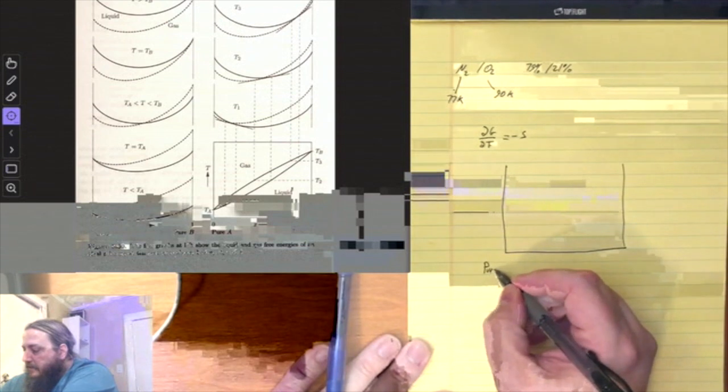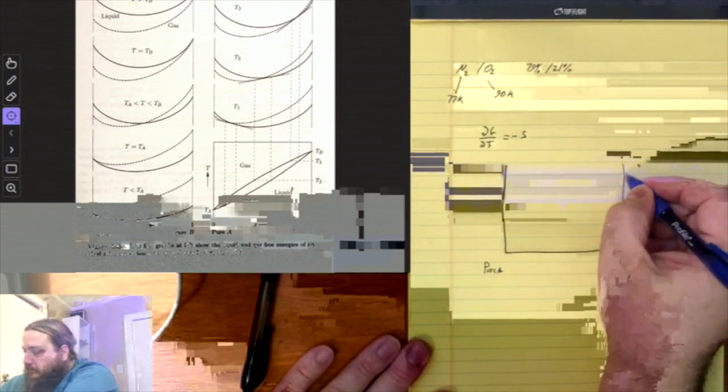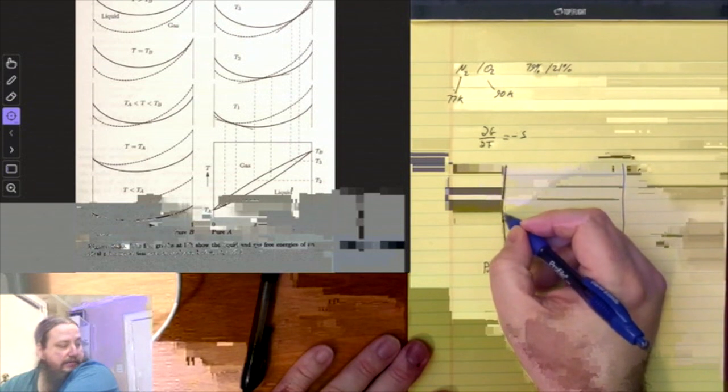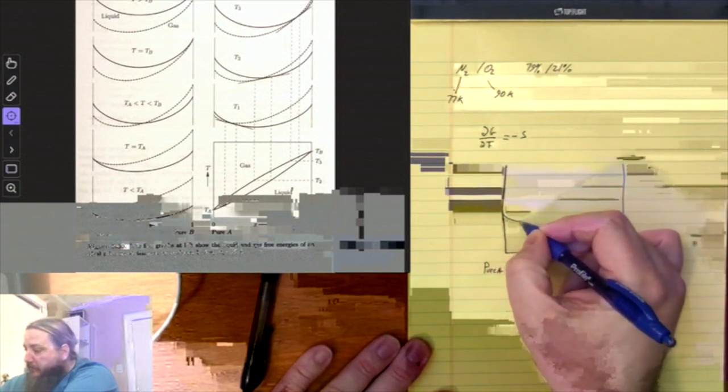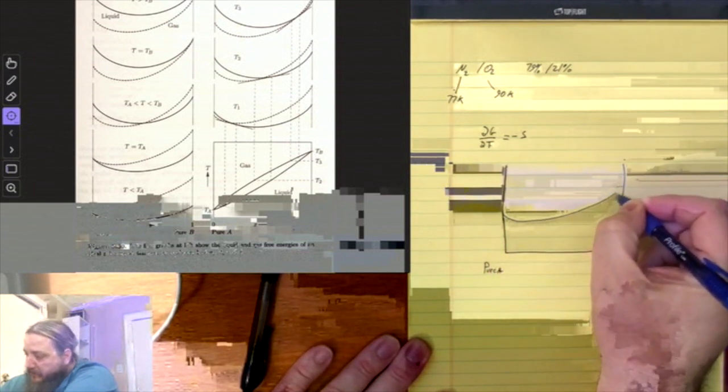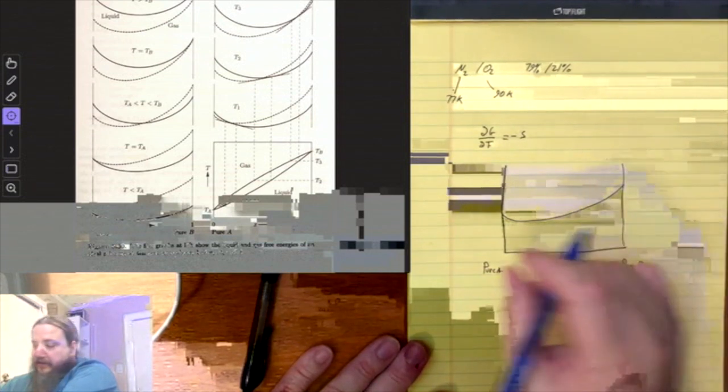And again, we have a plot here running from pure A on this end to pure B over on this end. And so we have a gas phase that looks a bit like this in the unmixed gas phase.